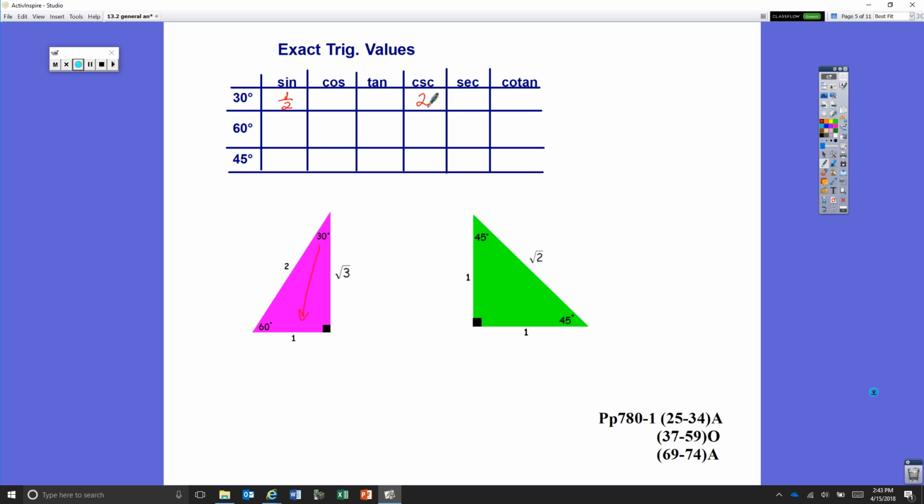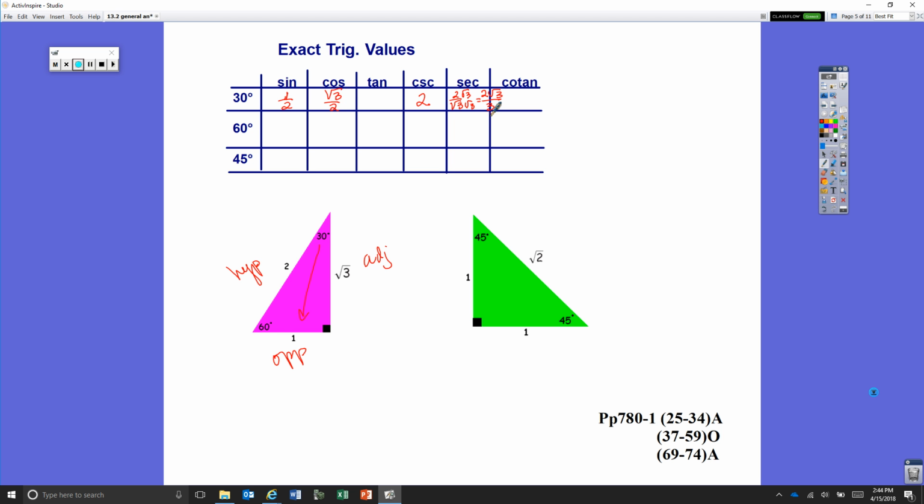Cosine of 30 is adjacent over hypotenuse. Adjacent is square root 3 over 2. So the secant will be the reciprocal, 2 over square root 3. Now when I simplify that, I have to multiply by square root 3. I get 2 square root 3 over 3.